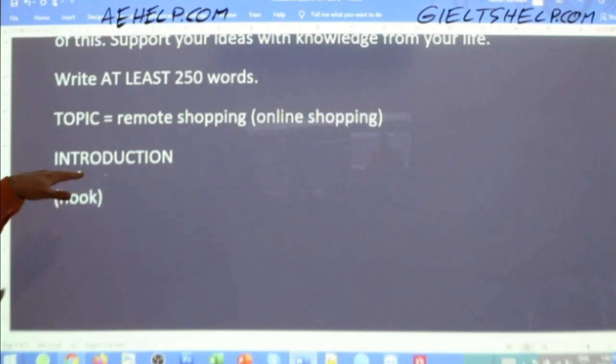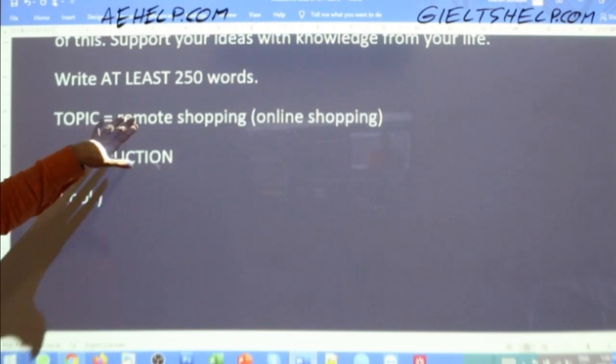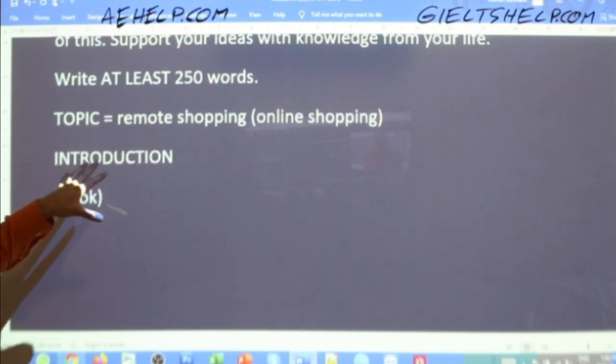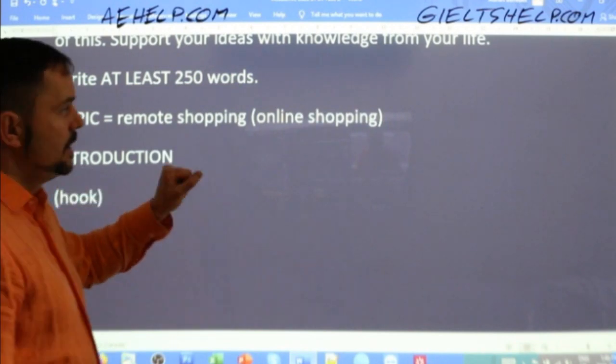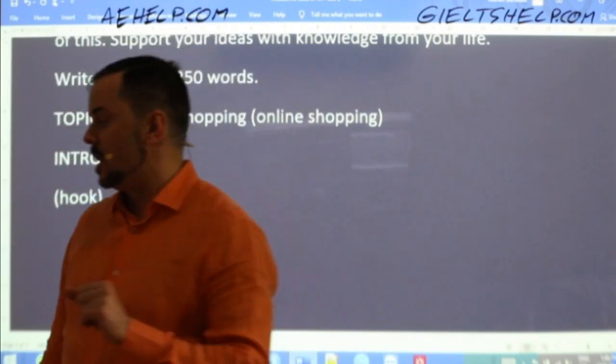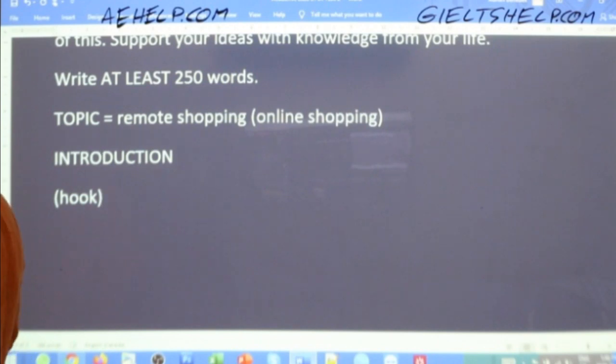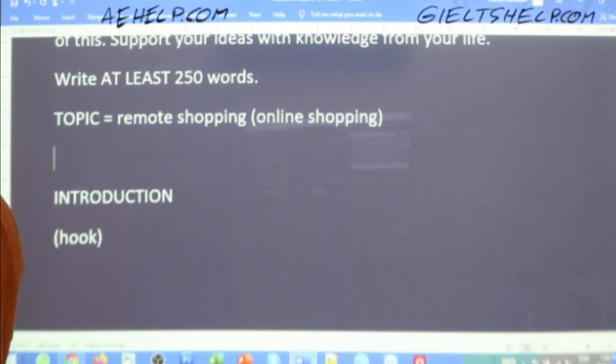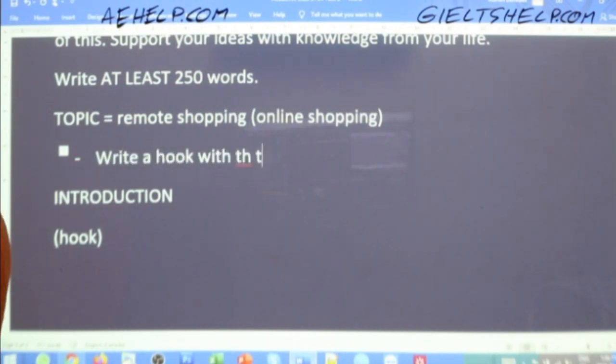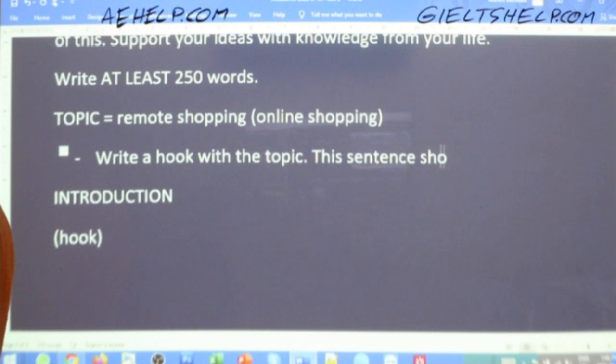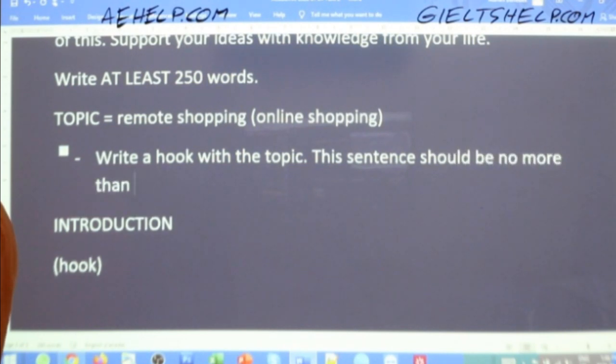So for the hook, you identify the topic and then you write a sentence with the topic. Before you begin, I have a couple of rules, okay? Write a hook with the topic. This sentence should be no more than 12 words.